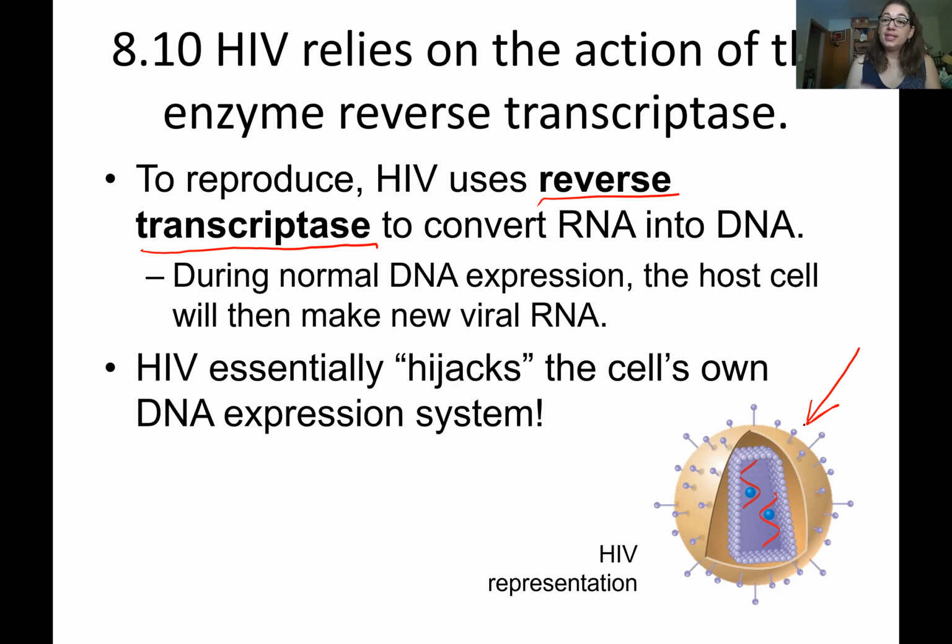And because it's taken into a cell, and because it also is affecting the immune system, it makes it difficult or impossible to recognize an infected cell and helps kill white blood cells.